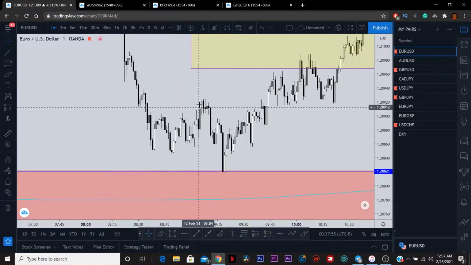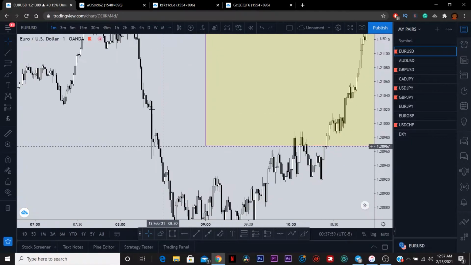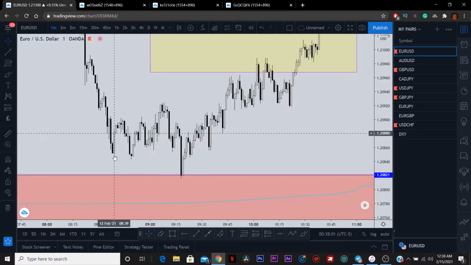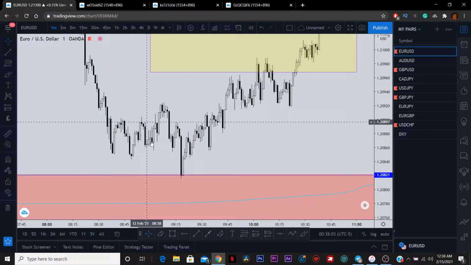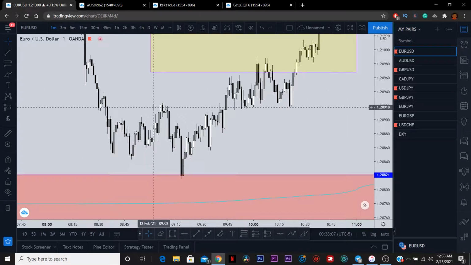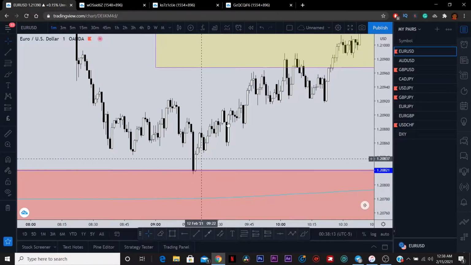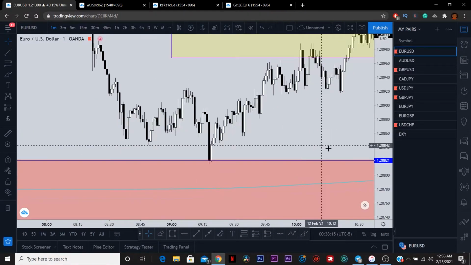The market began to change. Instead of big spikes to the downside, we're having more retracements to the upside. The market is showing a change of character right here. Afterwards we have this spring towards the downside, and then we immediately go back to the upside.